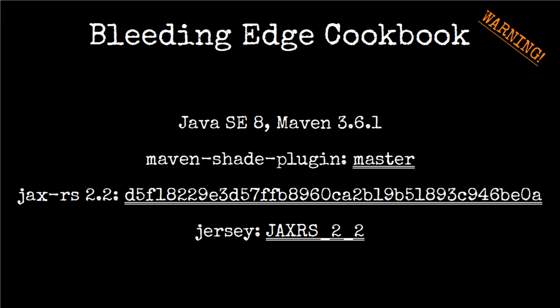If you want to try out these features before JAX-RS 2.2 is released, you need to take care of the version numbers. I have set up this bleeding edge cookbook for you, which you can follow to compile exactly what you need. And I literally mean compile, because you need a runtime, and there currently is no runtime released that supports JAX-RS 2.2. For example, you can take Jersey, there's a branch JAX-RS 2.2.